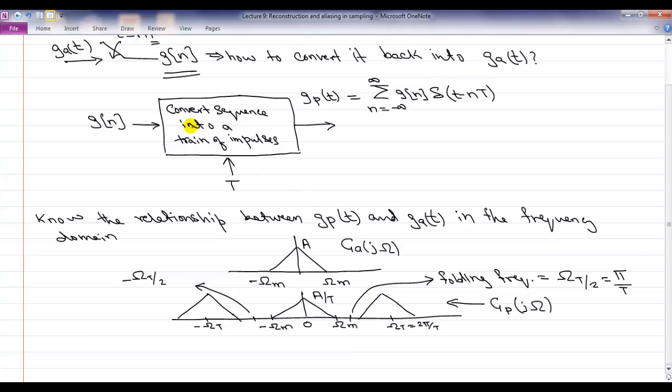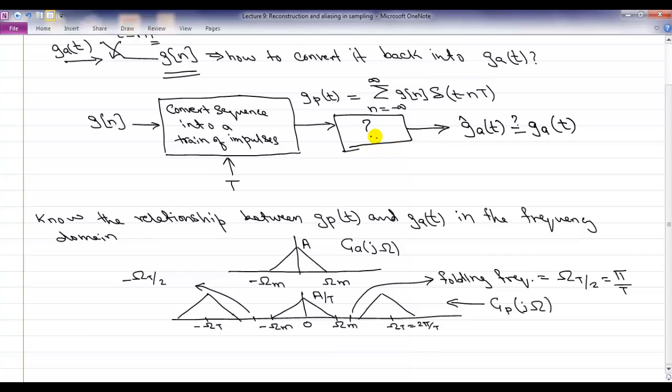So our goal is we want to reconstruct from g[n] the original signal. We are now up to Gp(t). So in Gp(t), if we want to recover, we want to do some sort of an operation here. So there is some black box which we'll not specify right now, so that we get something called g hat of t, and we want it to be equal to Ga(t).